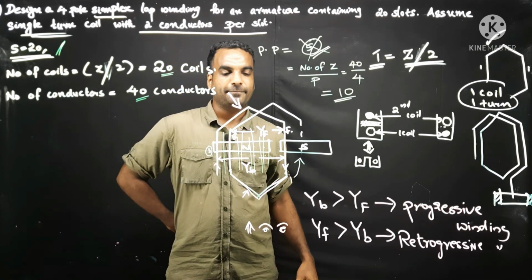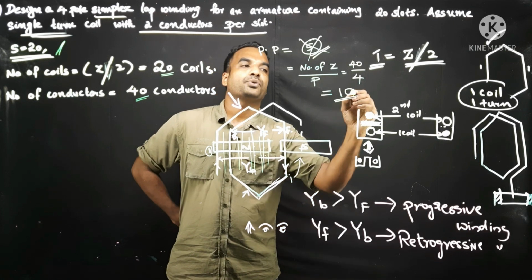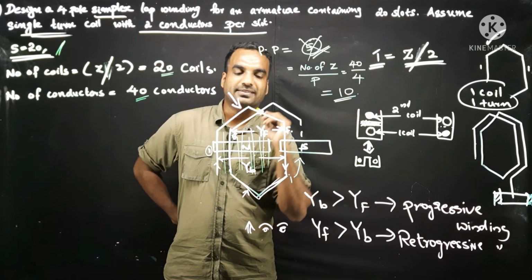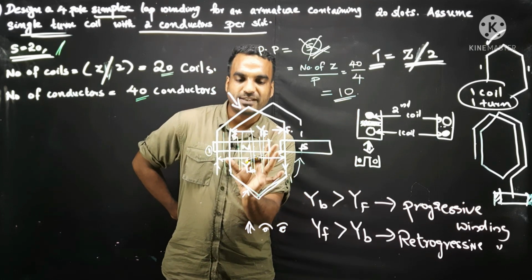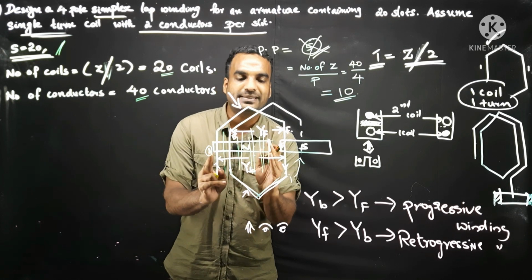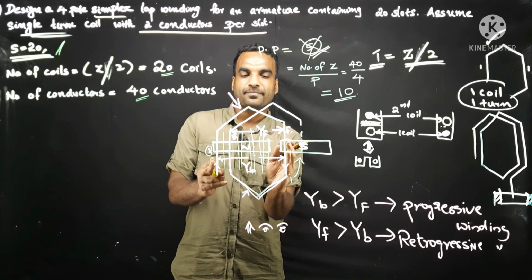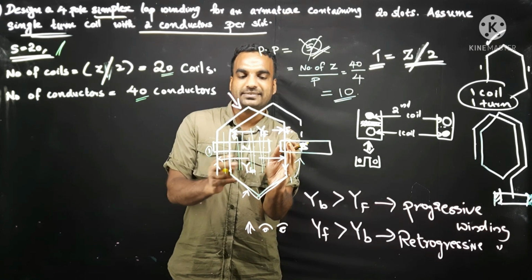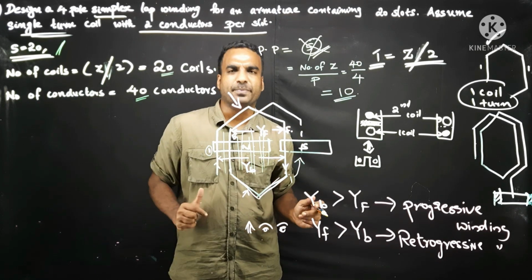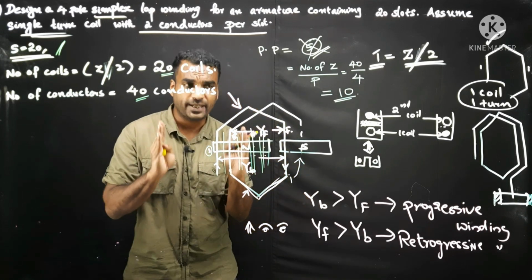Pole pitch is 10. Then I have to get YB and YF from this 10. From the view itself, you can see YB is just one step ahead of the pole pitch and YF is just one step behind the pole pitch. For your logic only, I am telling this.